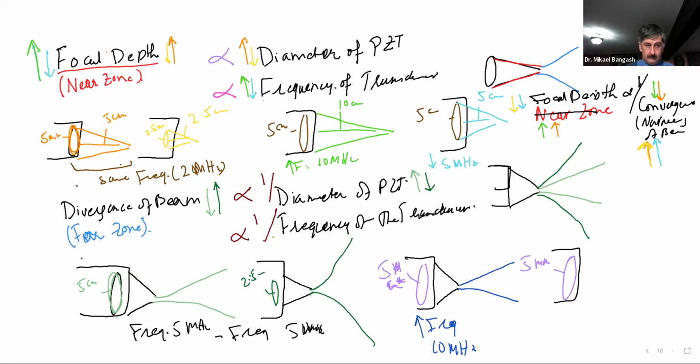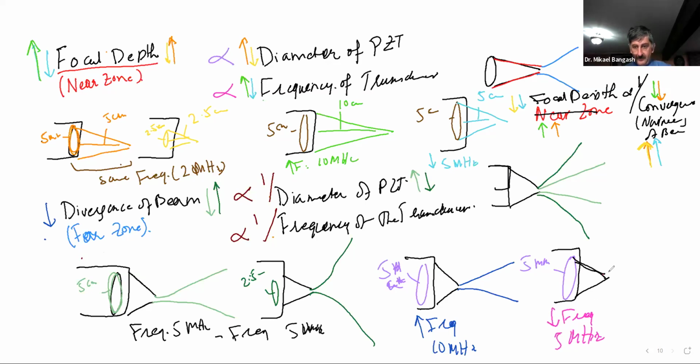Whereas over here we have a low frequency transducer, let's say 5 megahertz. Again, we're not going to bother much about the near zone, because our main focus is how much the beam diverges.